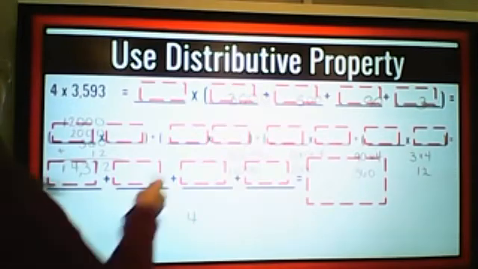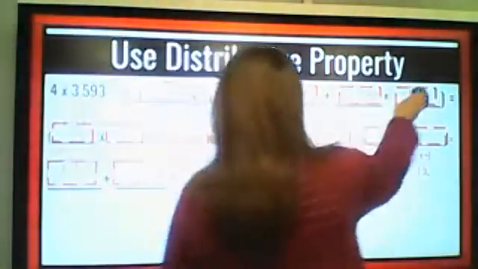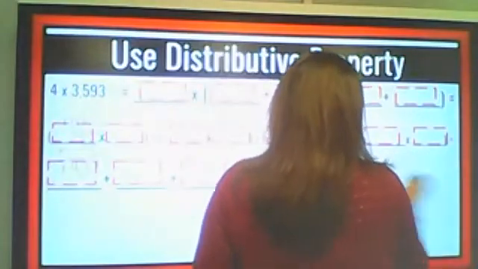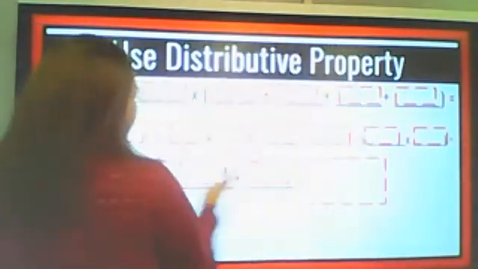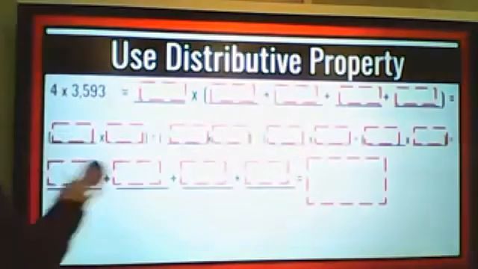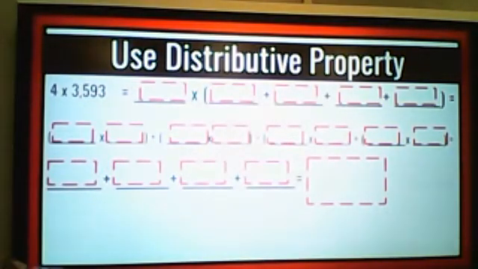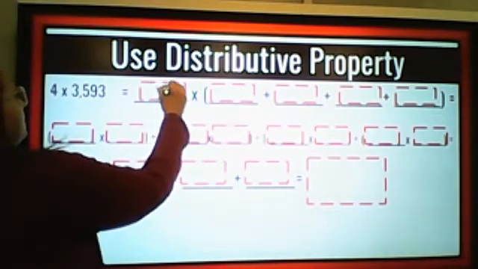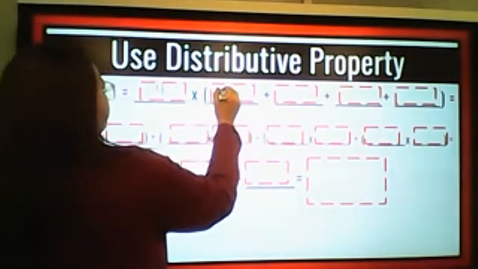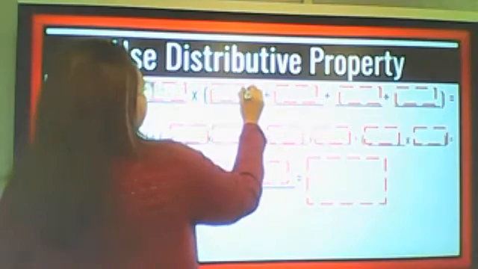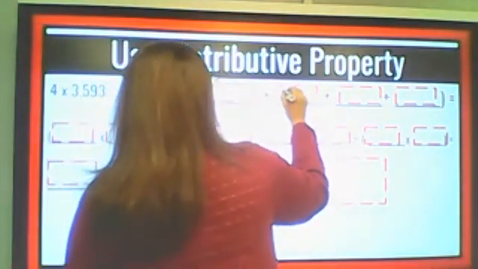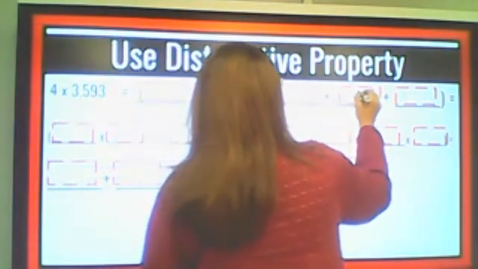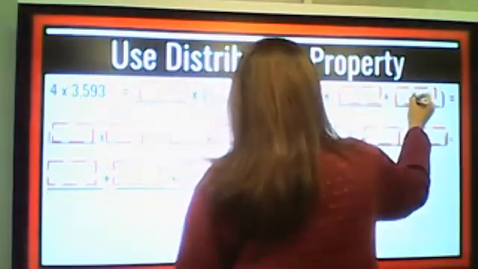So this is the exact same problem, but instead of boxes, it's what? Parentheses. It's still the distributive property. So 4 times 3,000 plus 500 plus.